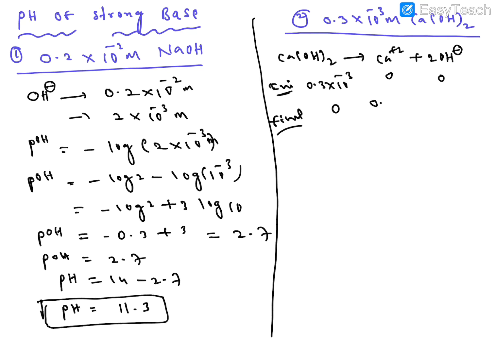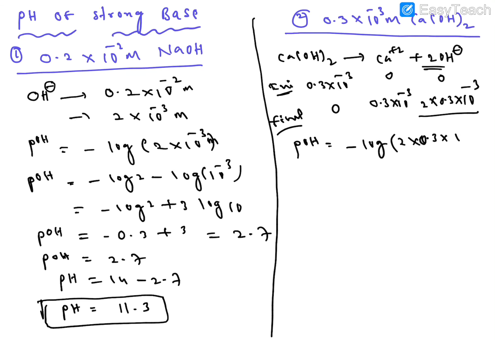Here we got 0.3 into 10 to the power of minus 3, here 0.3 into 10 to the power of minus 3, but here we multiply with the factor, that is the acidity. Here how much is there, that is 2, and multiply with 2. So this is the OH minus concentration. So the pOH is equal to negative logarithm of that concentration, 2 into 0.3 into 10 to the power of minus 3.